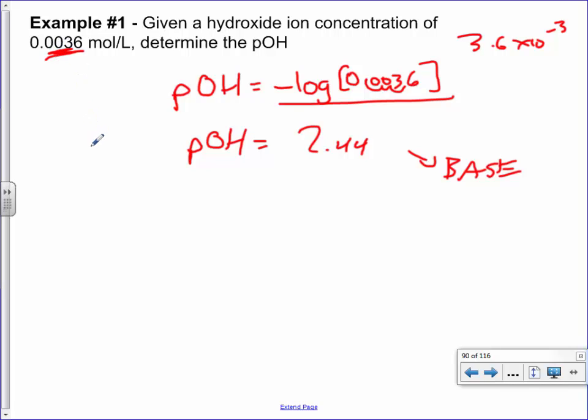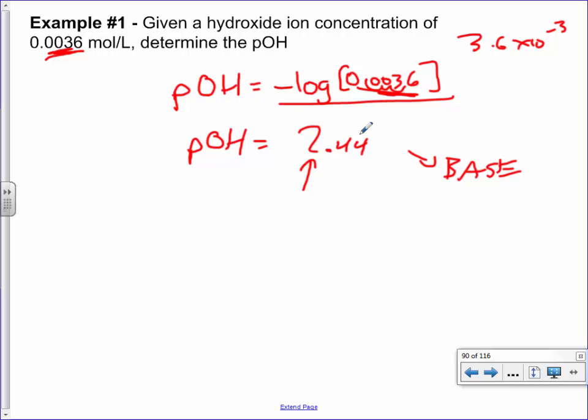Okay, one last thought here on this question. We gotta get sig digs right. How many sig digs did this number up here have? 2. Okay, sig digs for pHs and pOHs work a little differently. This appears to have 3 sig digs. It does not. It only has 2 sig digs. This number right here, the one before the decimal place, does not count as a sig dig.